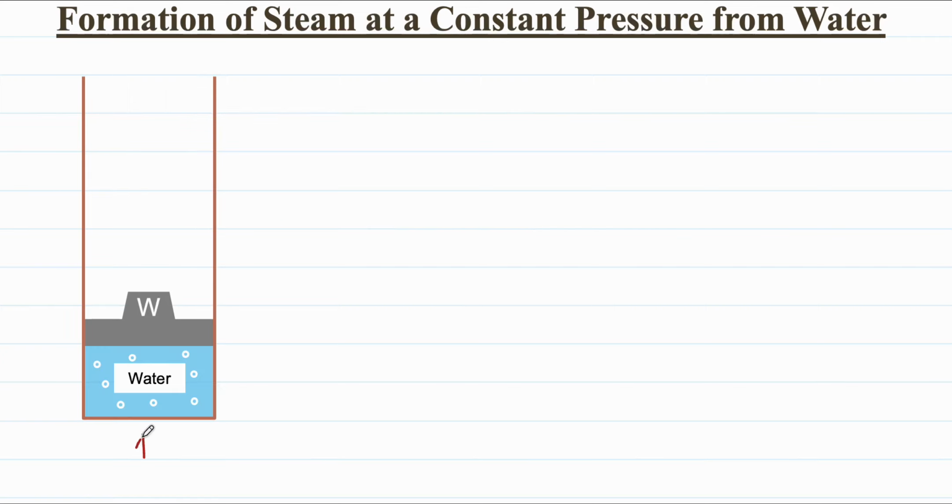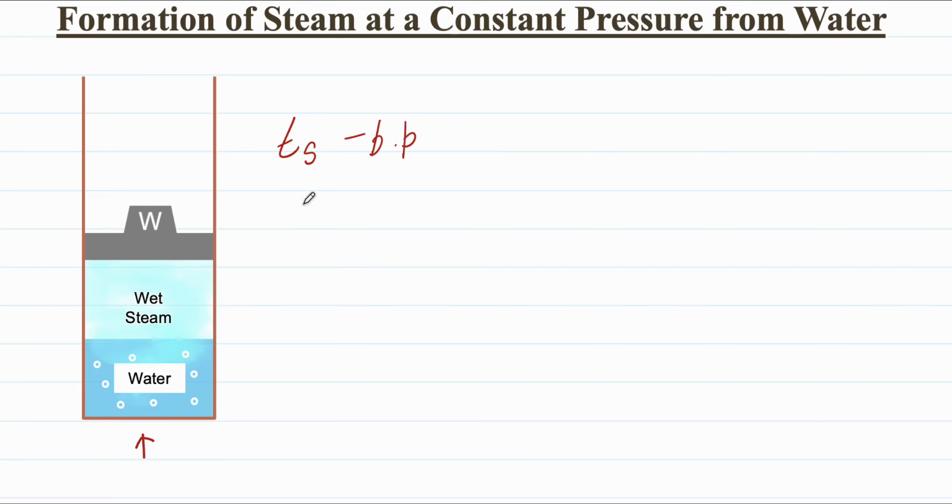If the heat supply to the water is continued, after reaching the saturation temperature, there will be no rise in temperature. So after boiling point is reached, the temperature remains the same, and instead of increasing the temperature, the piston will be raised, which indicates increase in volume. And this is possible because of steam formation.